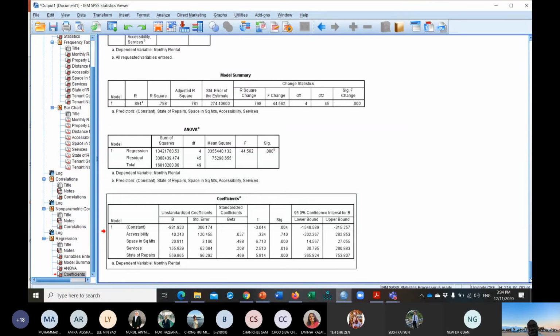And possibly I'll do the same for the data, because you don't have SPSS. If you have SPSS, I can forward this to you in SPSS format so that you can see it again. But maybe I will screenshot and put it on the slide. I think that is okay.